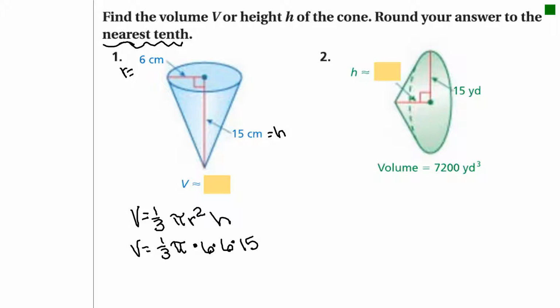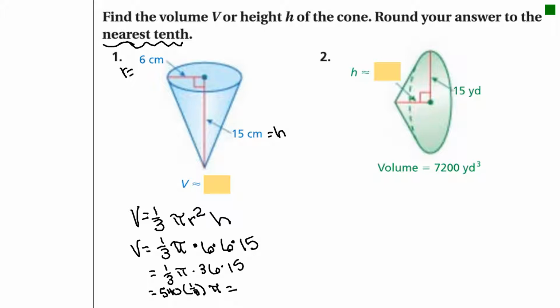I'm going to save pi for the very end, and I'm going to go through and do the multiplication. 6 times 6 is 36, so I'll have 1/3 pi times 36 times 15. 36 times 15 is 540, so 540 times 1/3 times pi. I'm going to divide 540 by 3.